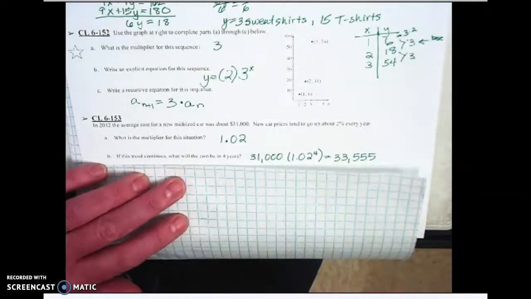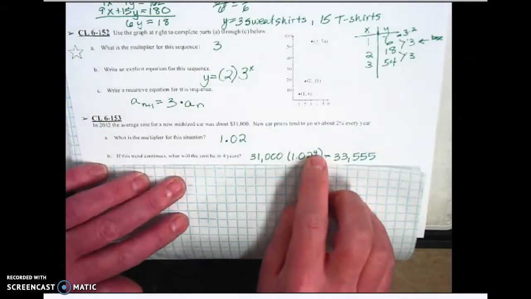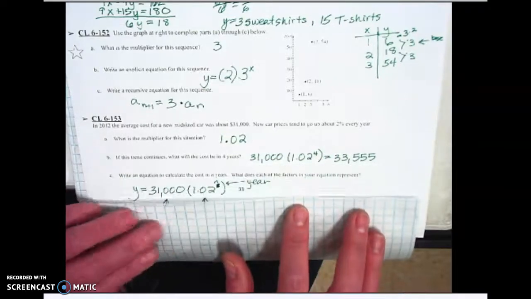Okay? If you only have to do it 4 years, it's not that bad. But what if you had to find out 85 years? It would take you a long time, right? So I would use the exponent if you have a larger number. Okay? So here's what part C says.